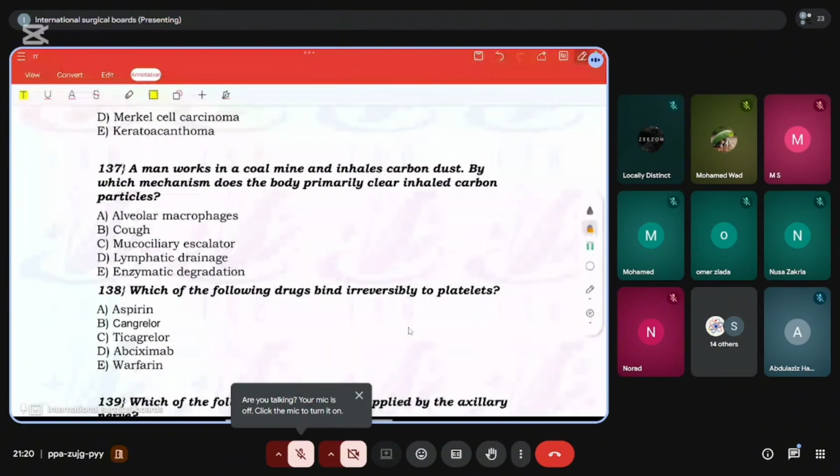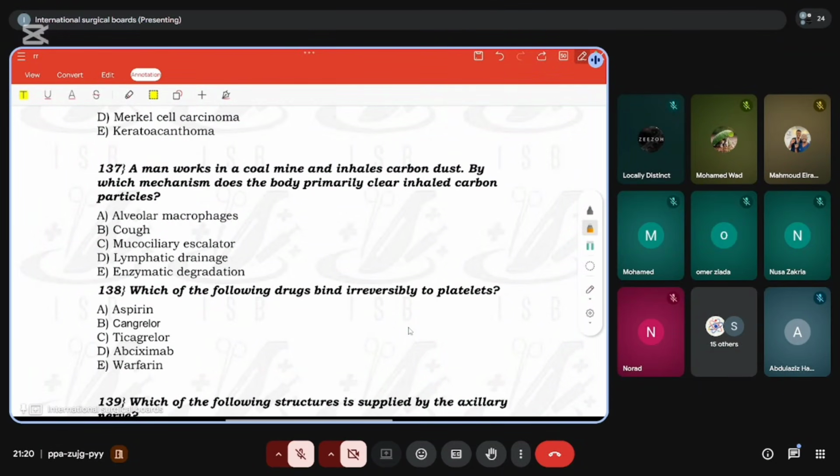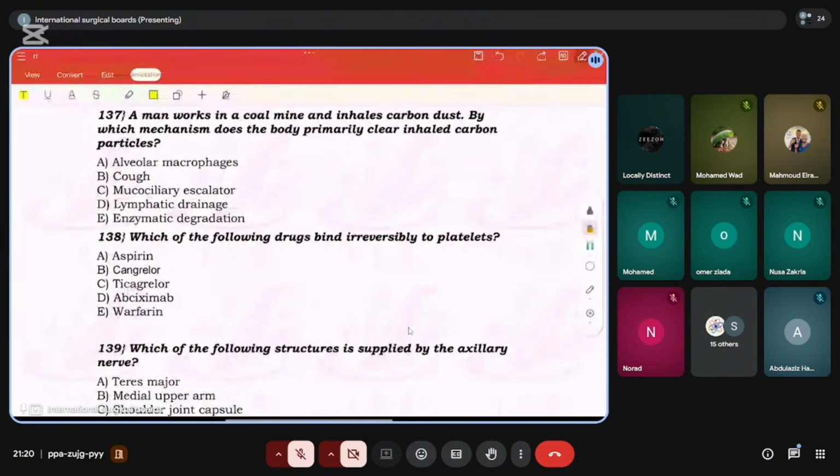So in the question, keep in mind that sometimes they can tell you a specific part of the respiratory tract, and then you need the main mechanism of clearance there, right? In the conducting airways, mainly we are talking about the mucociliary escalator, and in the alveolar region, alveolar ducts and sacs, it is mainly the alveolar macrophages. Okay. Let's see the next one.